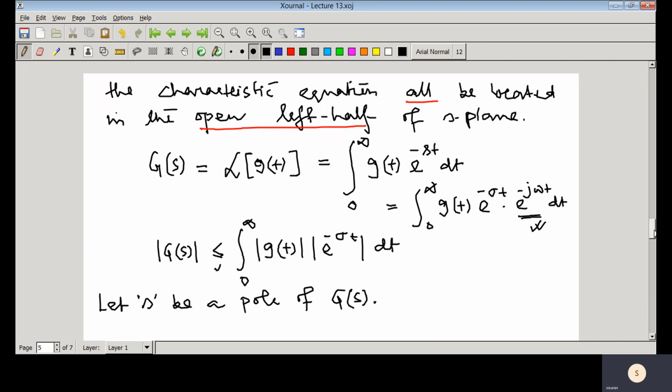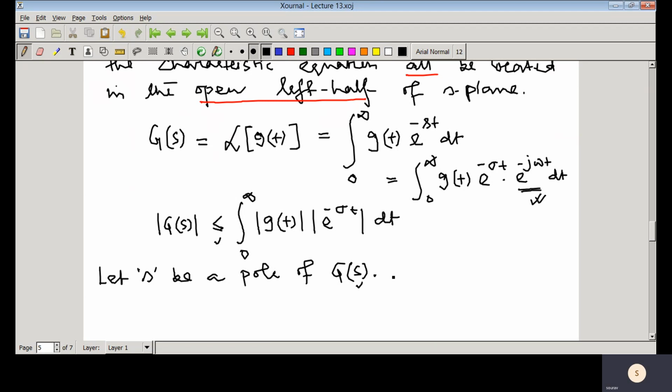As you know, when s is a pole of G(s), then G(s) would be infinity, because at a pole location the transfer function is infinite. So G(s) equals infinity.